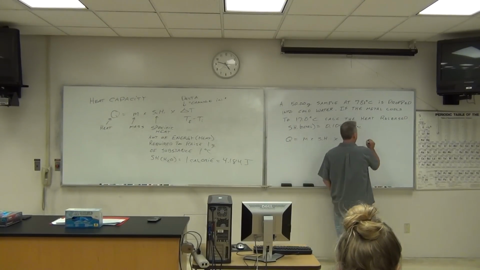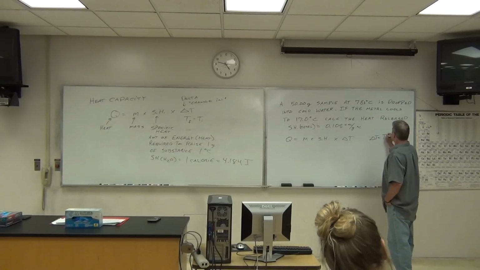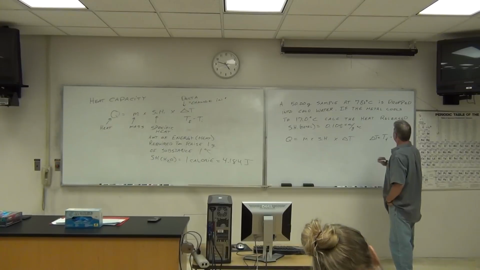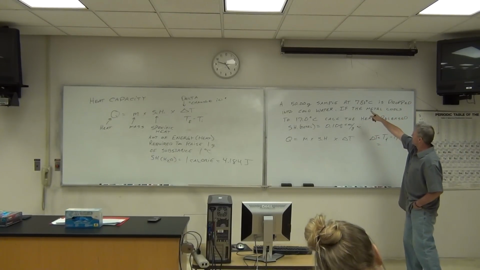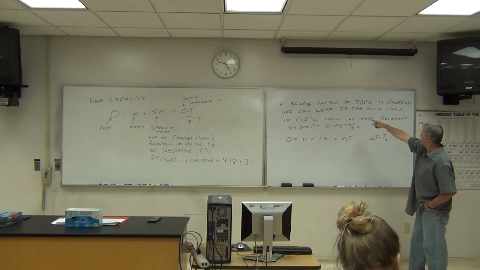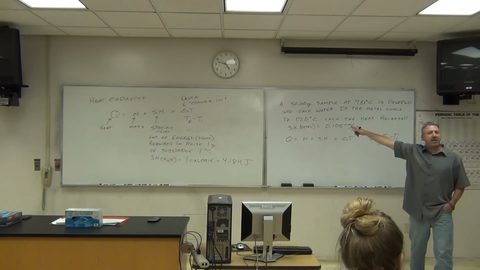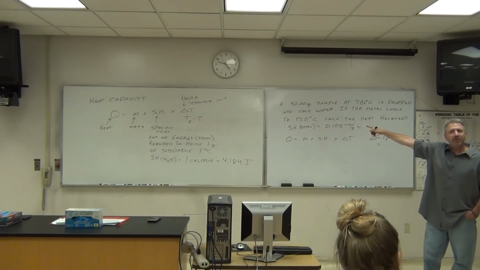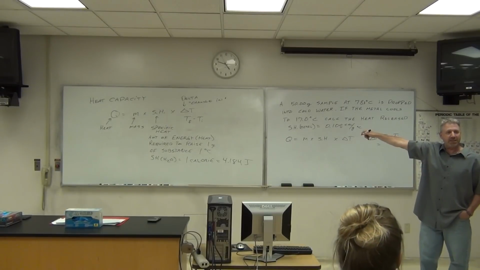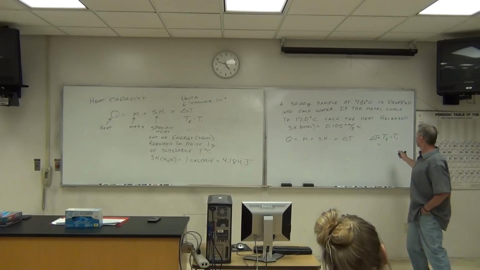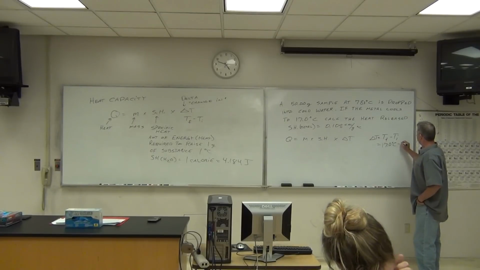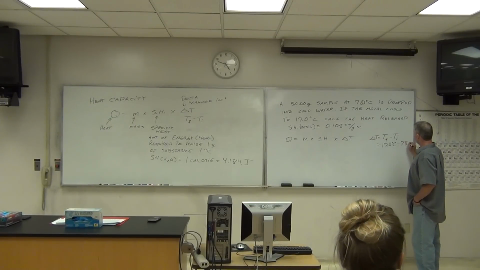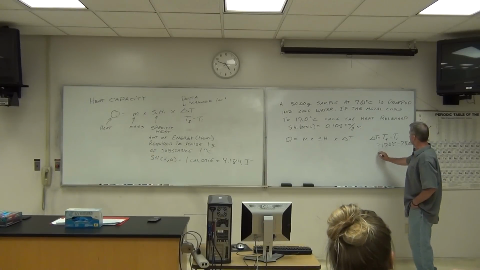Over here we'll solve for our delta T first, which is T final minus T initial. I go back and I read. The sample was initially at 78, it's dropped in, and it's cooled to 17. Do you see which one's T final and which one's T initial? T final is 17.0 degrees Celsius. Our initial is 78.0 degrees Celsius.